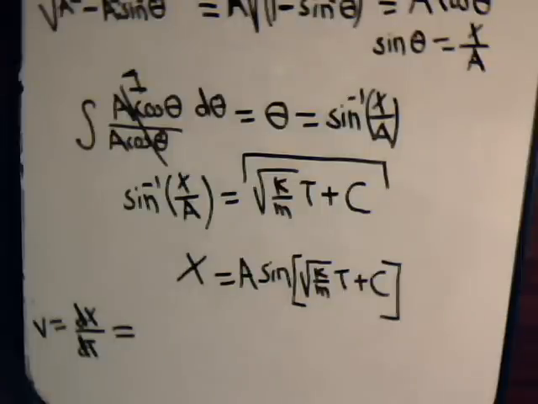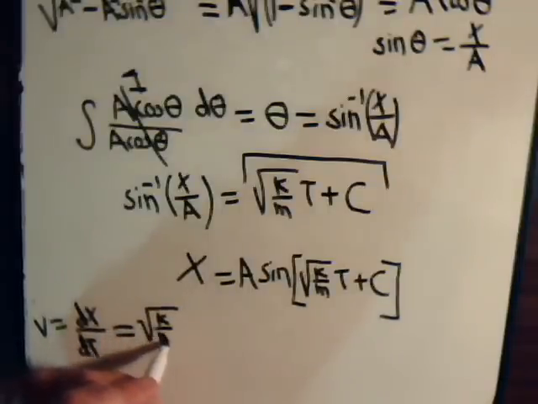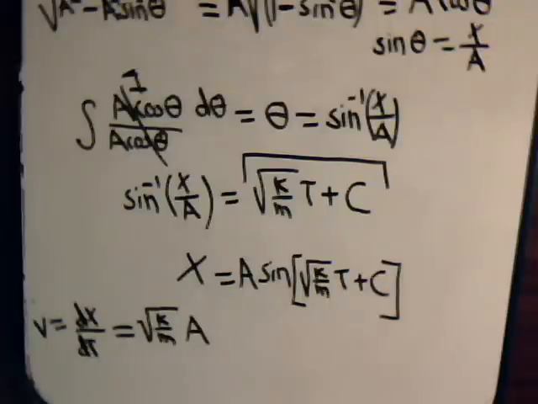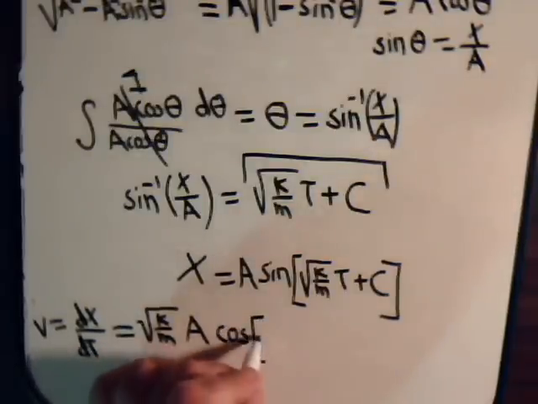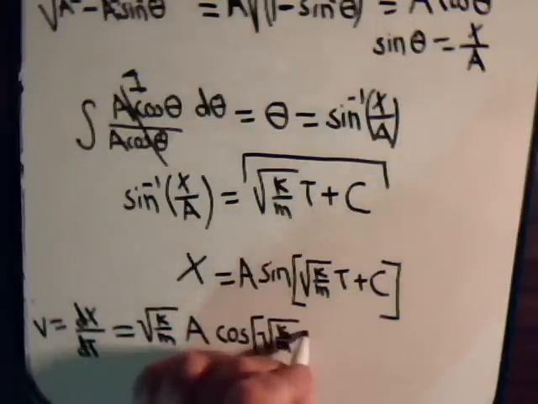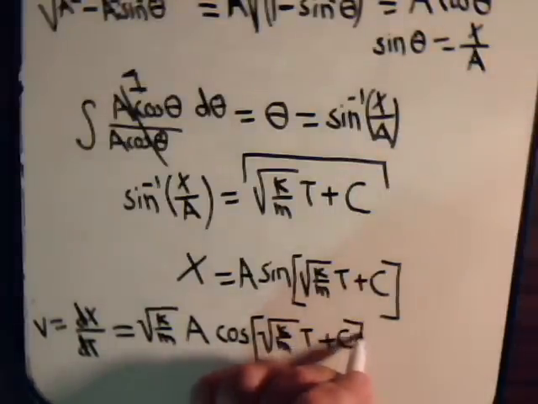That's dx dt, and taking the derivative of this side with respect to t, this is going to come out, so that will equal the square root of k over m times a, and the derivative of the sine is plus the cosine, so this would be the cosine of the square root of k over m times t plus the constant.